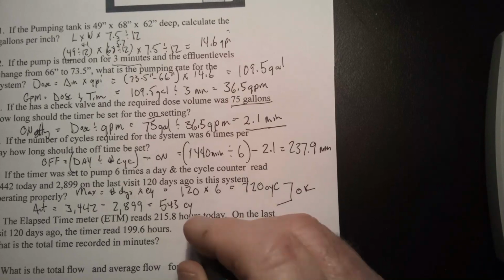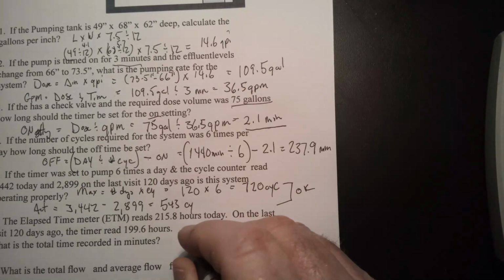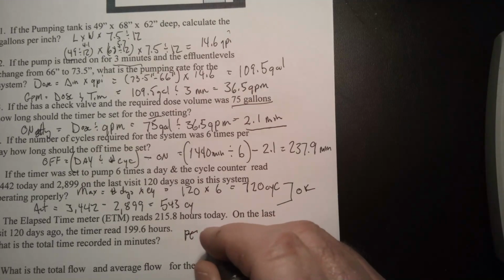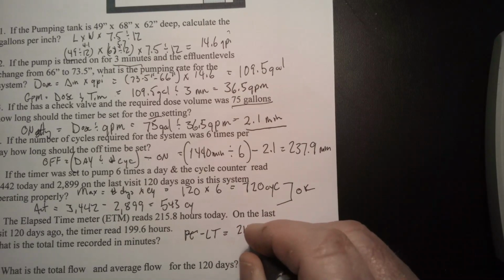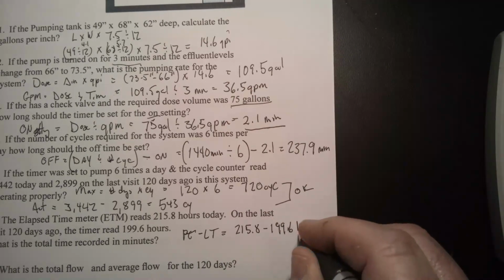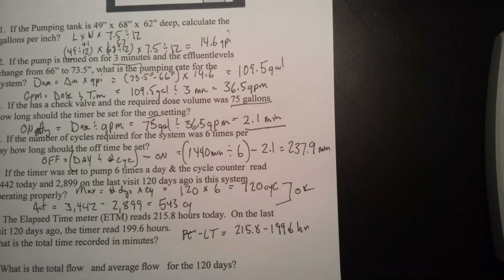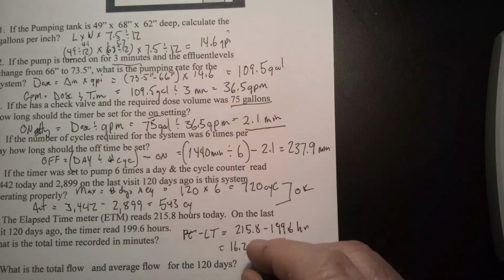Well, the time would be present time minus last time, which would be 215.8 minus 199.6 equals 16.2 hours.